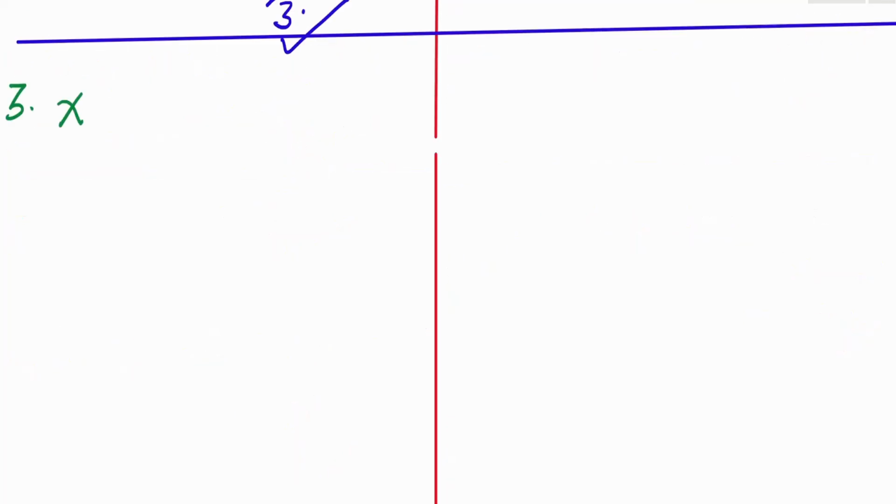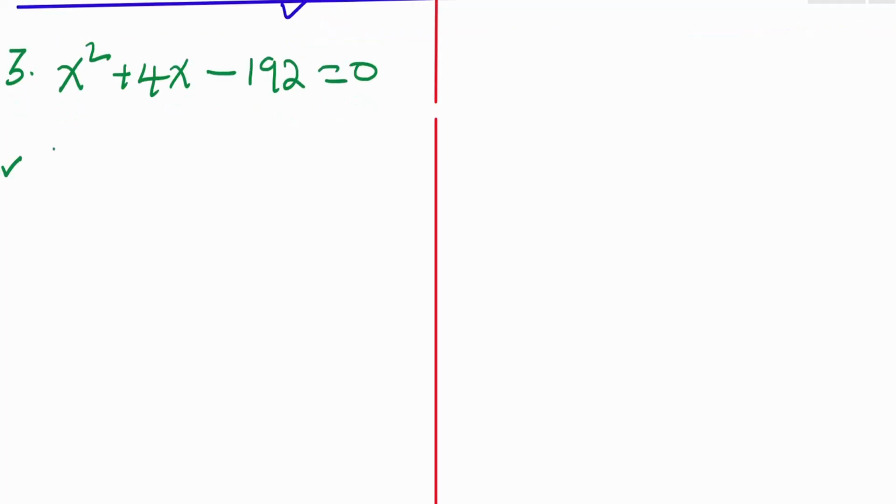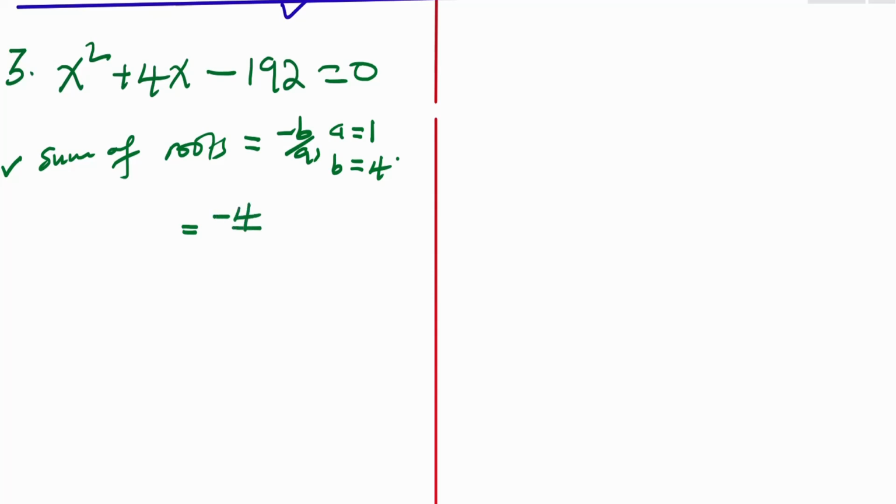Number 3, we are having x squared plus 4x minus 192 equals 0. Still, sum of roots is equal to negative b divided by a. Our a is equal to 1 and our b equals 4. As we substitute in, we are getting negative 4 divided by 1, giving us the sum of roots as negative 4.